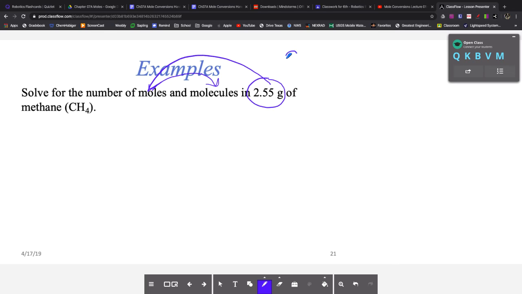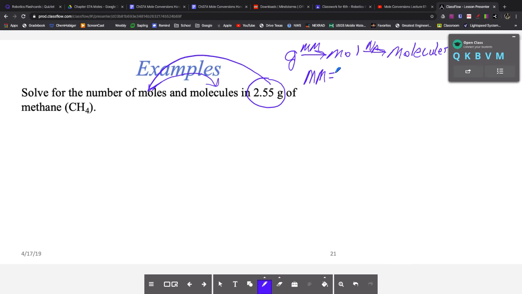And so grams to moles, we use the molar mass. And then from moles to molecules, remember there's no good abbreviation for molecules, we're going to use Avogadro's number. So we got to figure out the molar mass of methane. So the molar mass of methane, 1 carbon, 4 hydrogens.